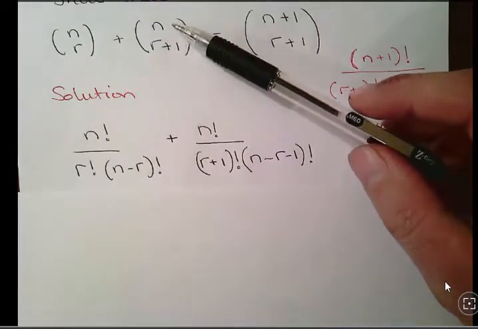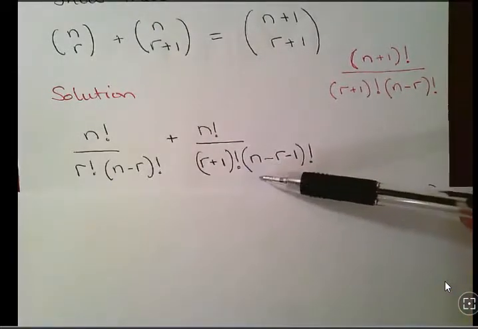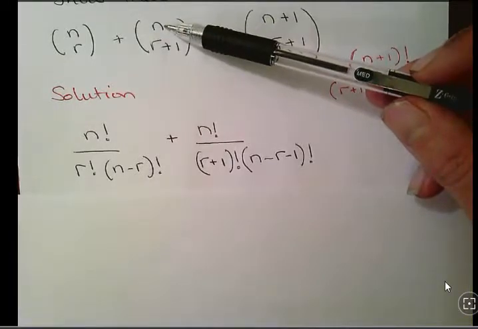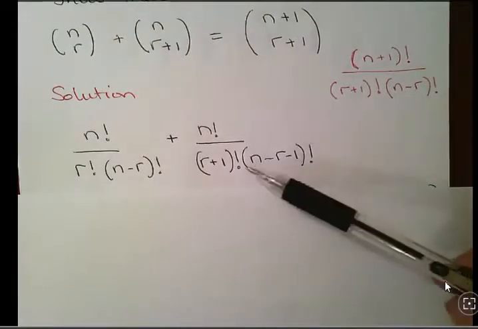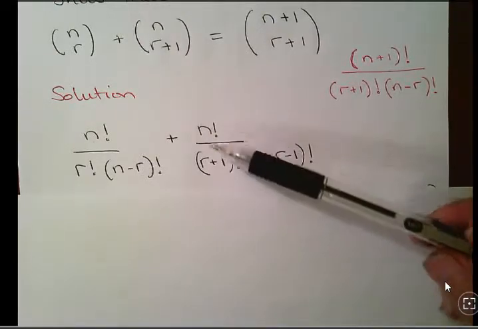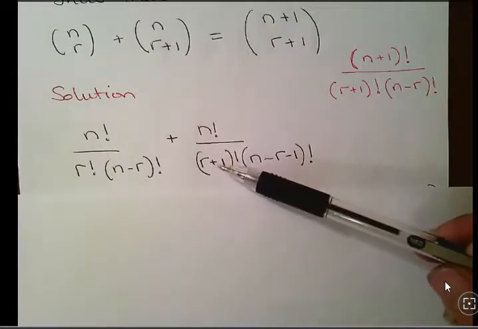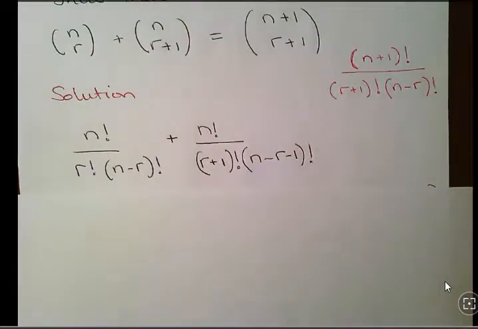Let's say that again: n choose r plus 1. You actually have to take a moment to figure out what goes where. On the numerator we would have n factorial. As part of the denominator, we would have r plus 1 factorial. What goes in elsewhere is n minus r plus 1 in brackets, and subtracting that, you get n minus r minus 1.